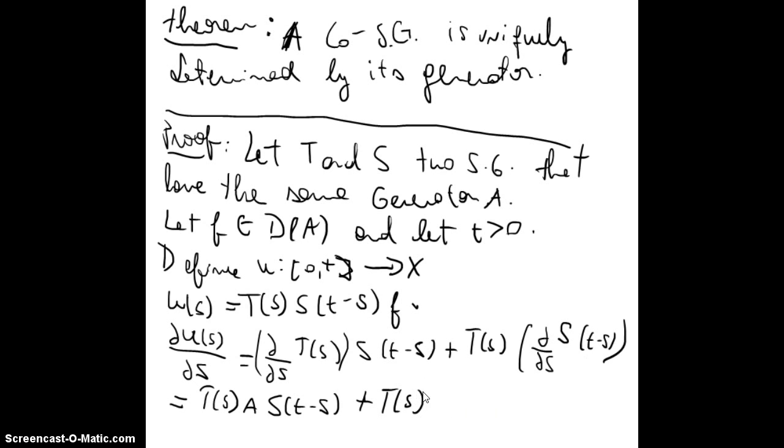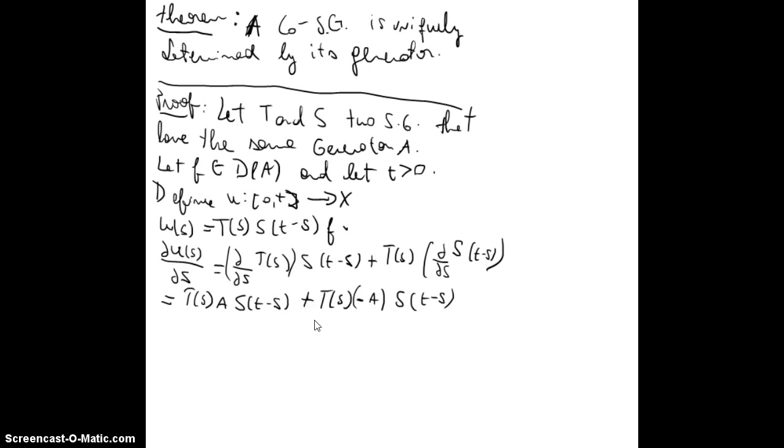Now we have a minus here, so this will be minus A S(t minus s). Okay, in both sides I forgot an f, and so here we have the same things but with the minus. This is equal to 0. Then we have that the derivative of U in s is 0.